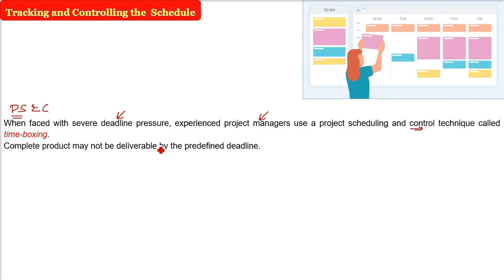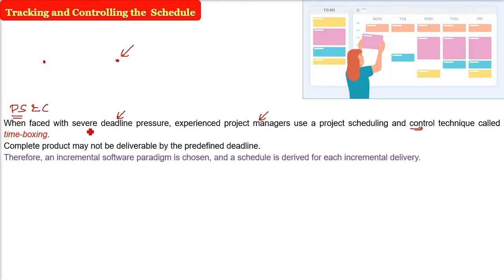It is possible that the complete product may not be delivered by a predefined deadline. In a project schedule, there is a deadline, and you are not able to meet it as a project manager. So what you will do, the best way, is to adopt the incremental software paradigm.